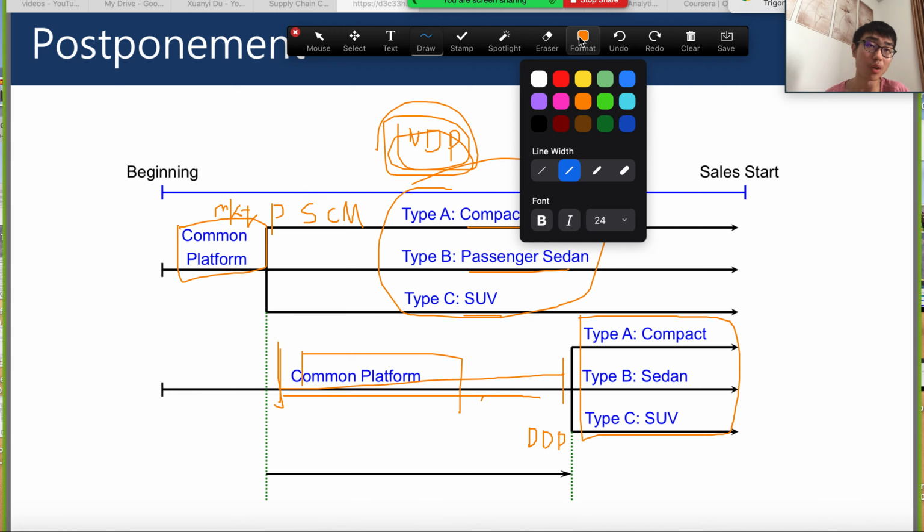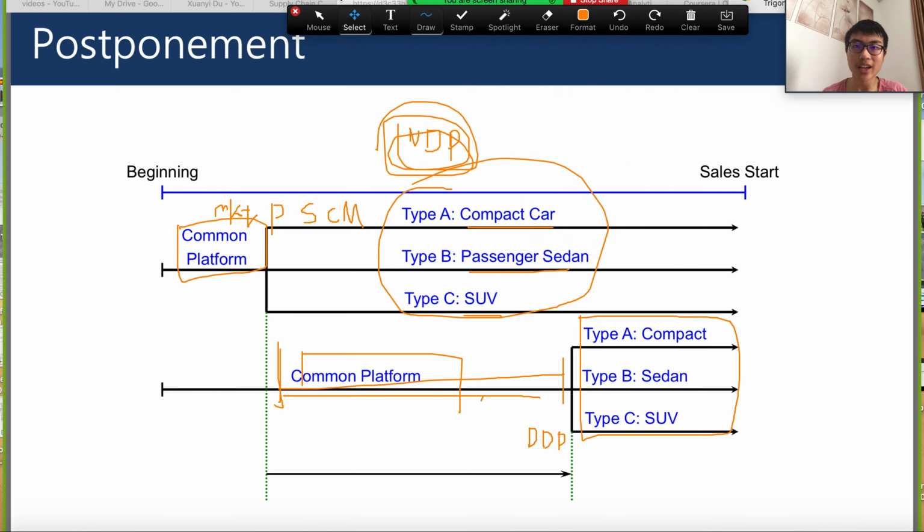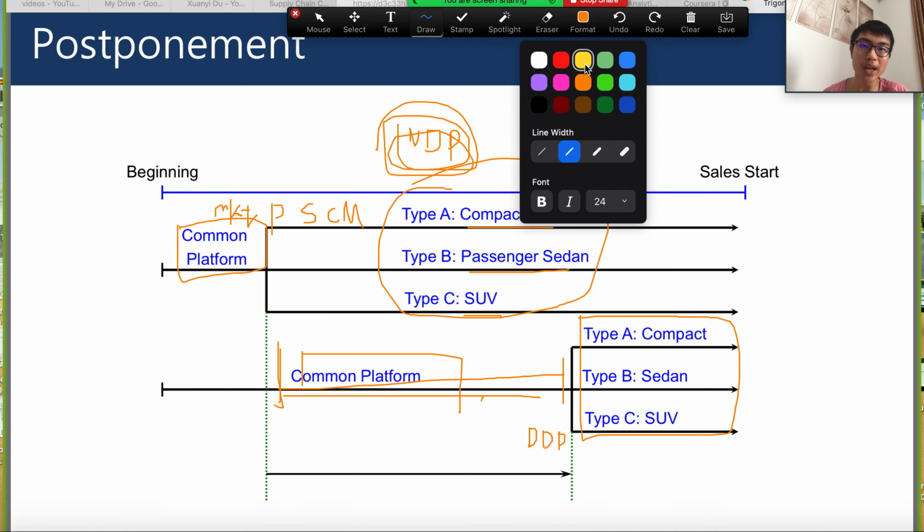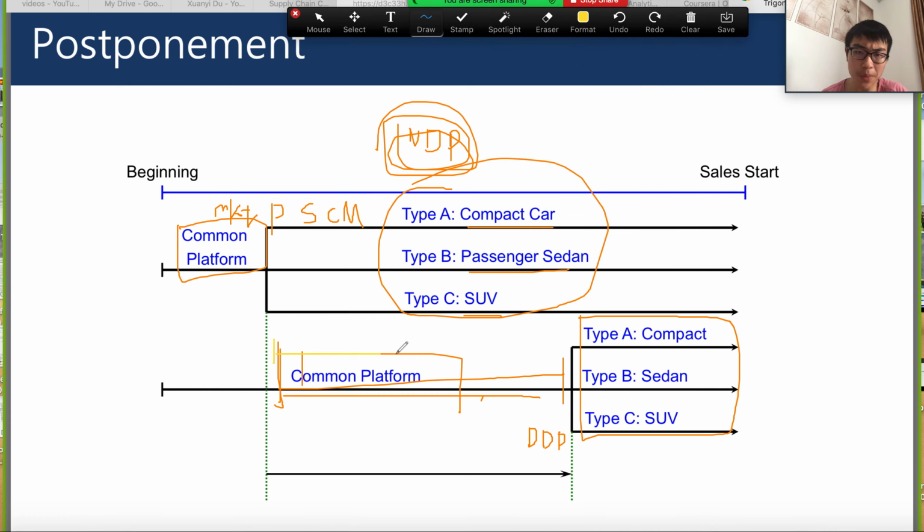They may be gathering search data, secondary research, primary research, quantitative and qualitative research. You can learn more of this in marketing. They apply these strategies to find out customer taste and what brand the customers want to buy. After that, maybe they spend the first 50% of the time observing and doing analysis.